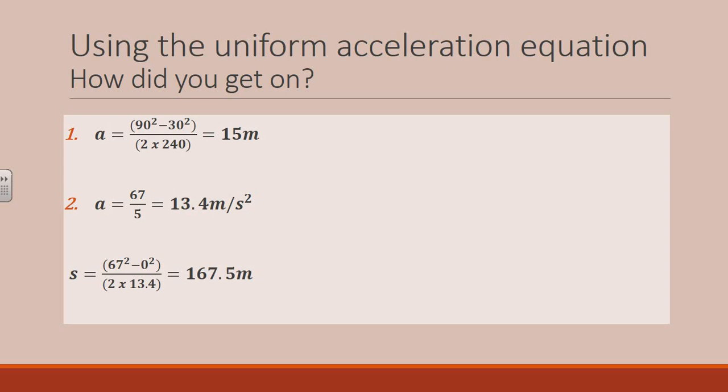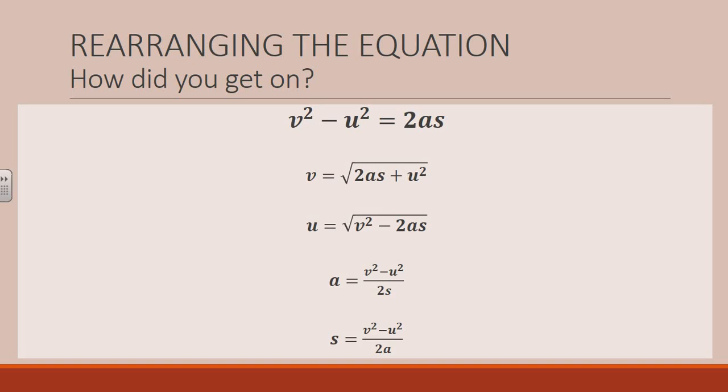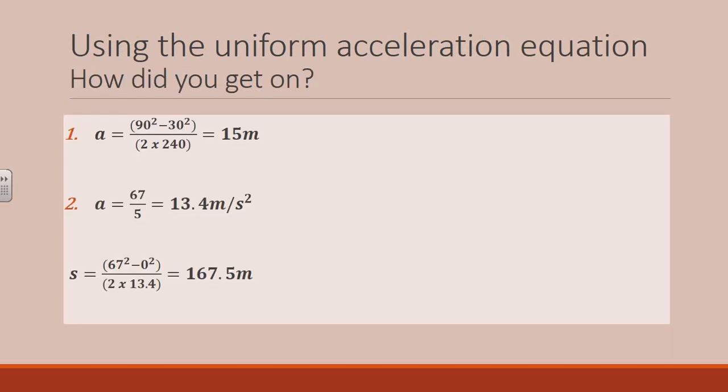So an initial velocity of 30 and a final velocity of 90. And as you can see, using the equation, we have 2 times the distance, which was 240, so it gave us 15 meters per second squared.